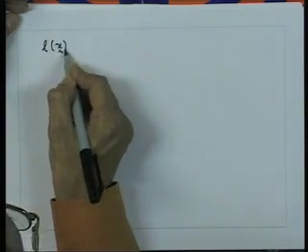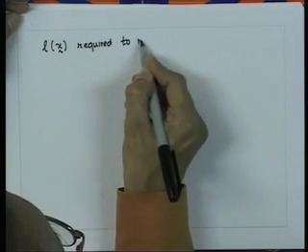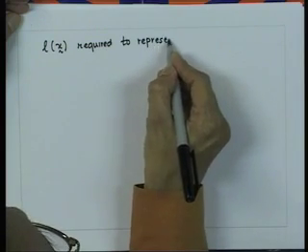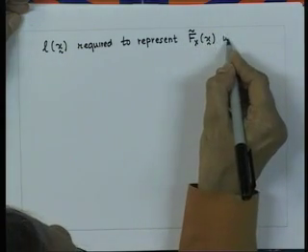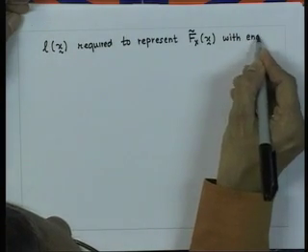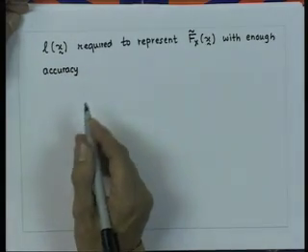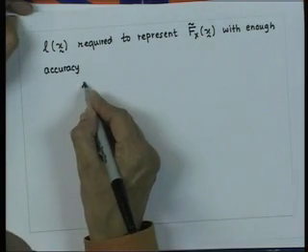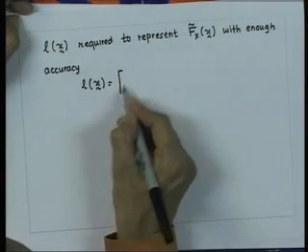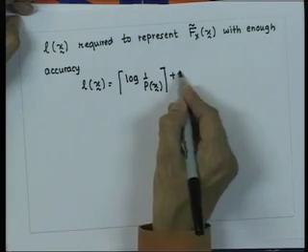We have shown that the number of bits L(x) required to represent F tilde(x) with enough accuracy such that the codes for different values of sequence x are distinct is L(x) equal to the ceiling of log of 1 by P(x) plus 1.